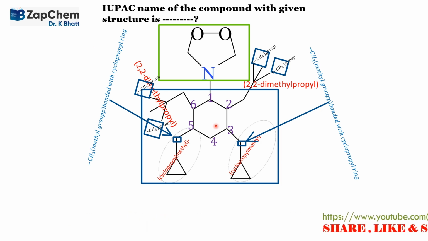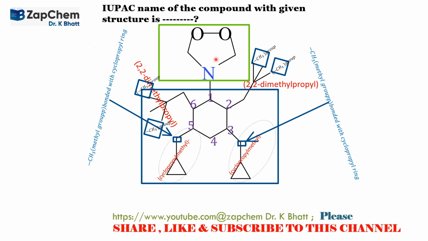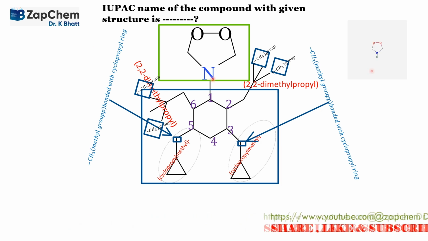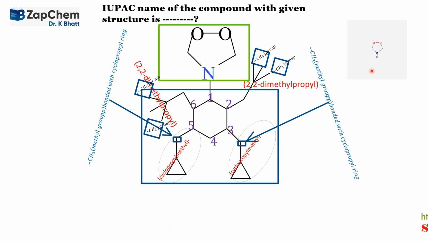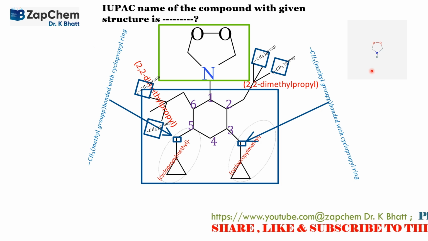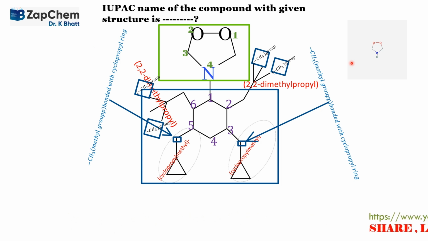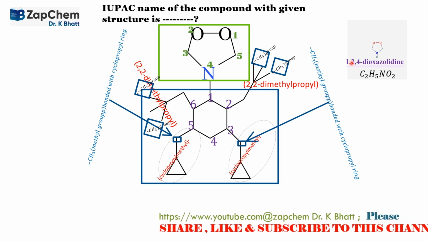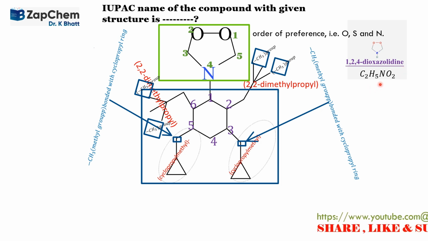Now let us move to the heterocyclic ring, where 2 oxygen atoms and 1 nitrogen atom are present. This heterocyclic ring is represented separately here, and this is known as the 1,2,4-dioxazolidine ring. If you number it this way, because oxygen is preferred over nitrogen, it is known as 1,2,4-dioxazolidine, C2H5NO2.